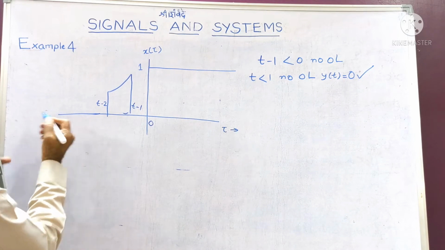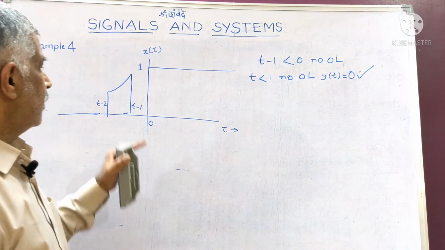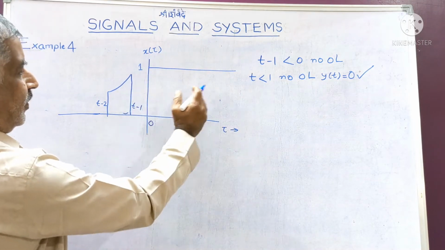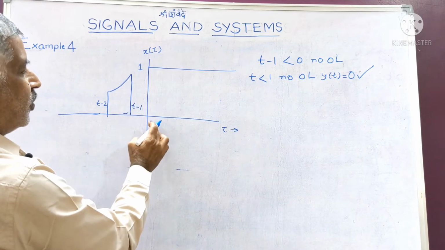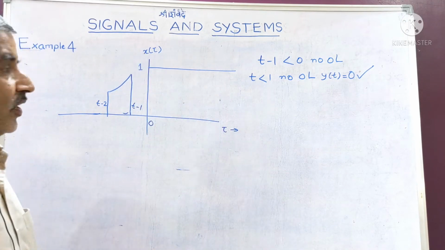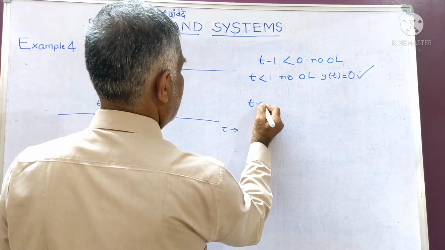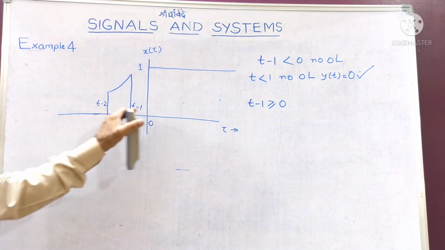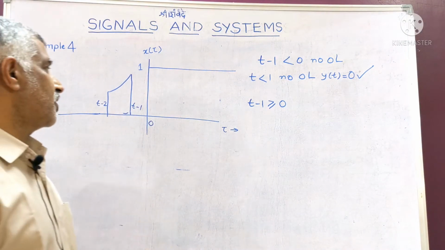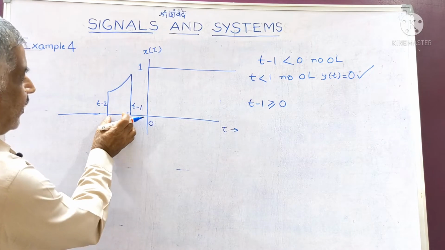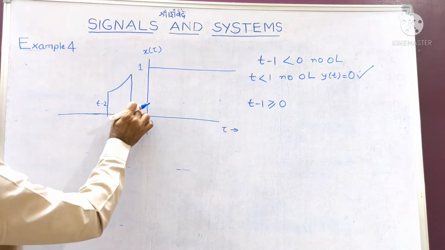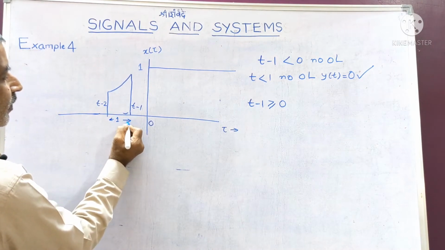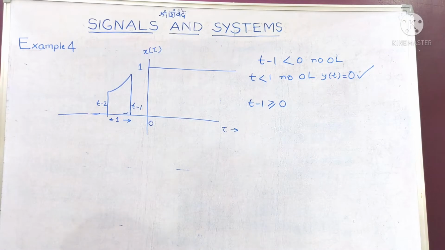Overlapping starts when the t minus 1 edge crosses the origin, that is t minus 1 greater than or equal to 0. Next comes the question: what is the width of this waveform? This is t minus 1, this is t minus 2. This width is 1 unit.